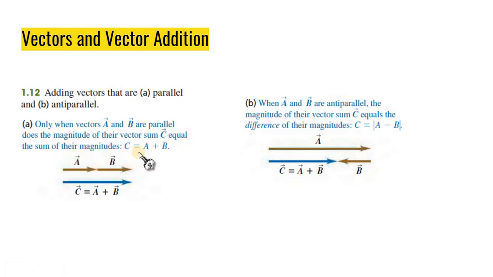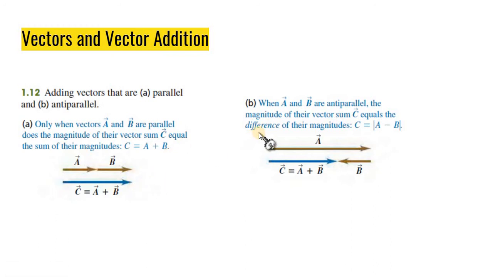Okay, C equals A plus B. You can only directly add the magnitudes of the vectors if the vectors are parallel. So the magnitude of this vector C will just be equal to A plus B because they are parallel.